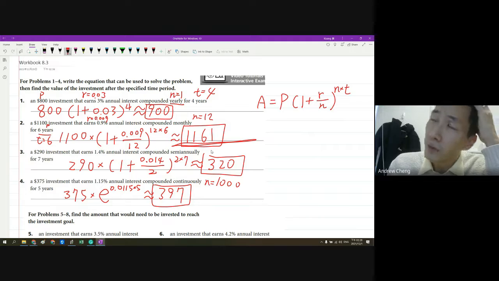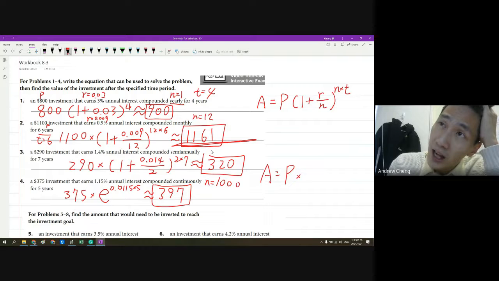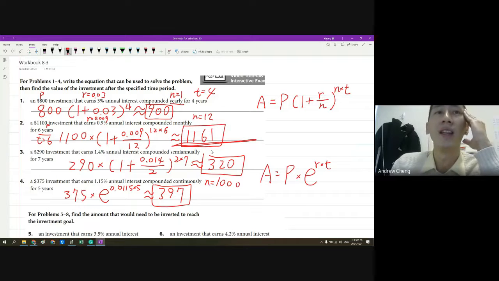We have another formula for that, which is A equals P multiplied by E raised to the power R times T. Okay, in this question, P will be 375.